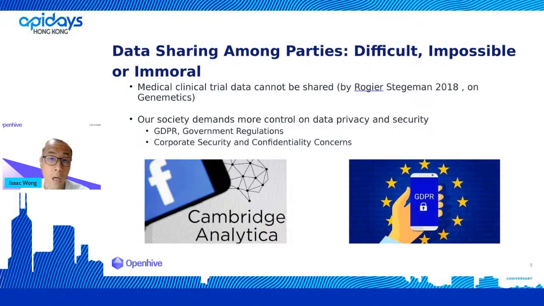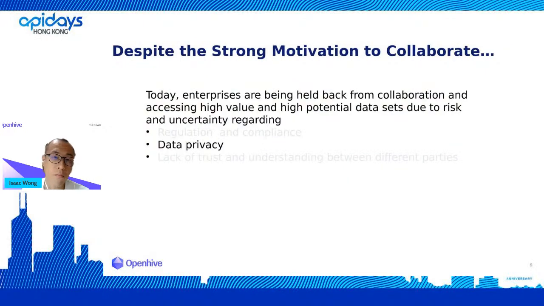For example, when we look at the response from the public towards incidents like Cambridge Analytica, and also the response from enterprises towards regulations recently imposed like GDPR. So indeed, there are many impacts and concerns over data privacy and those regulations.